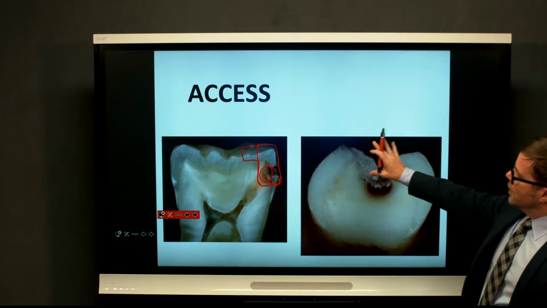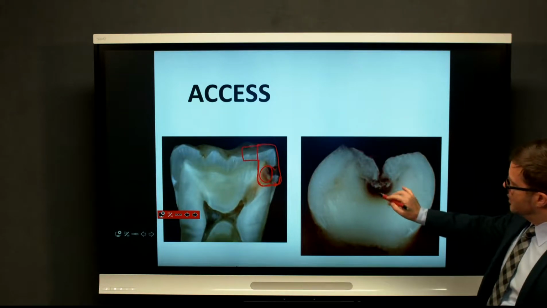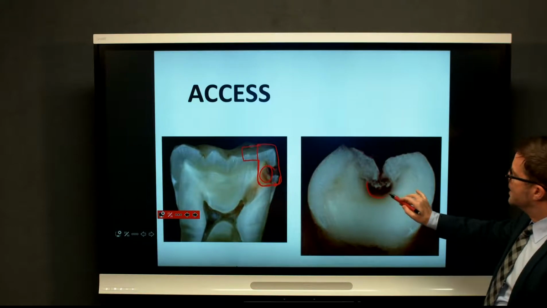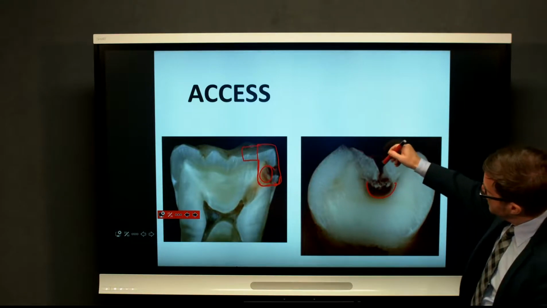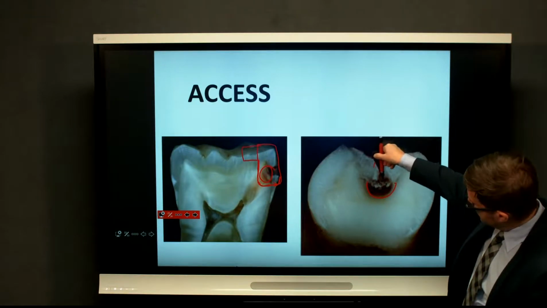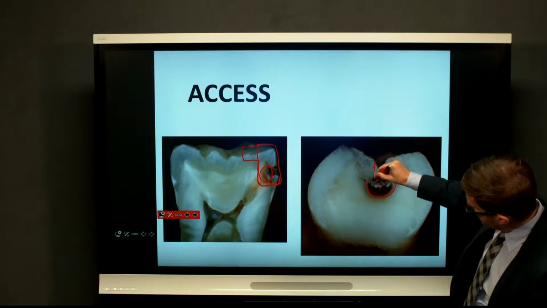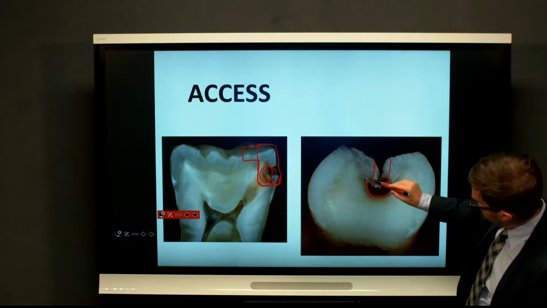In this case, we've got an occlusal cavitation, so there's a cavity here, significant necrotic dentine. We want to eliminate this necrotic dentine, so we need to be able to get to it. So we would cut through in this direction with a burr, a high-speed handpiece, until we removed the overlying enamel. We could actually see into the cavity.